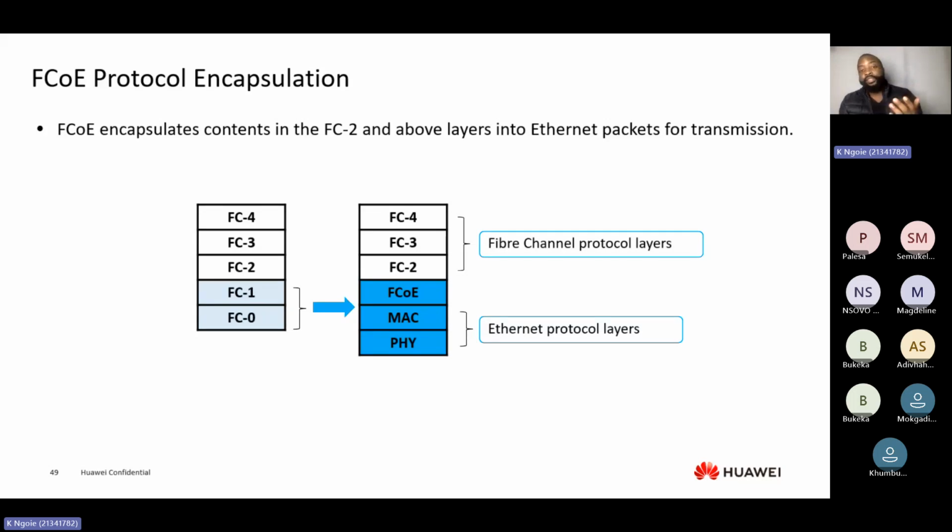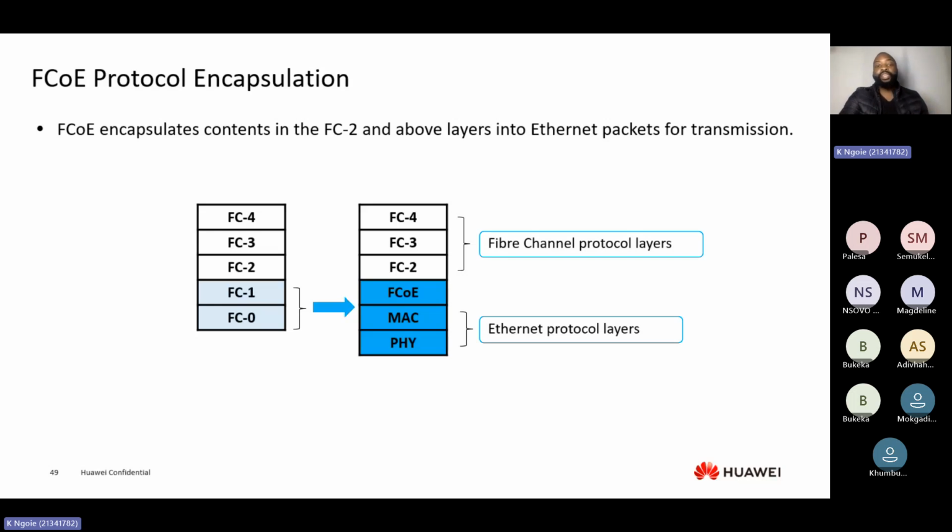It will organize the data into frames and ensure that there's a proper delivery without overloading the receiver. So if the receiver is a certain device, without transferring the data too fast and overloading that receiver, the data need to be controlled in the way that they are being transferred. So the layer that is going to control that will be the FC2.